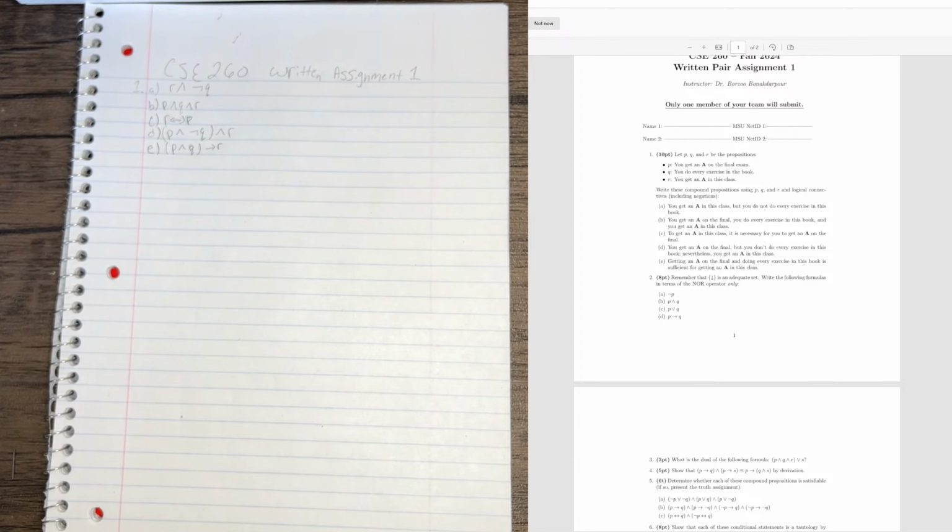Remember that down arrow in Atticus sets. What is that down arrow again? Wrong notebook. That's NOR. That's a NOR gate. Okay.